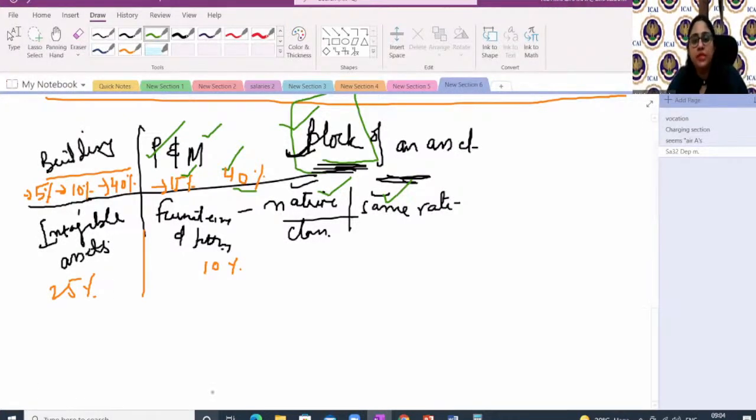Now, ma'am, what is the rate of depreciation? Do we need to remember the rates of depreciation? Yes, you obviously have to.